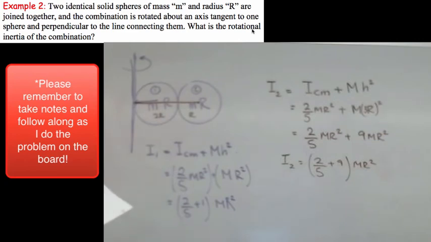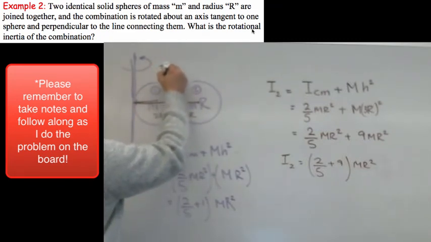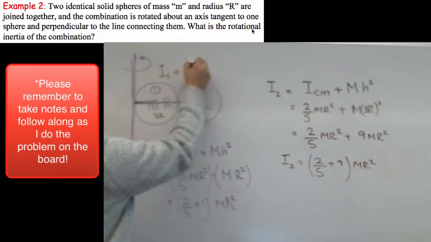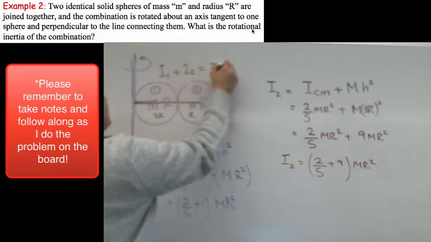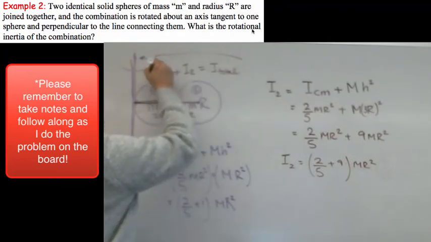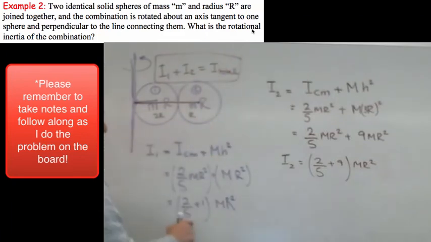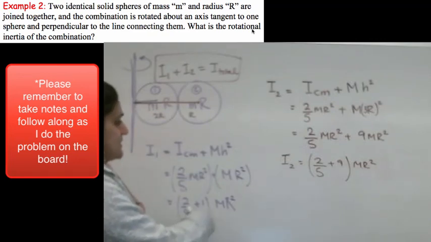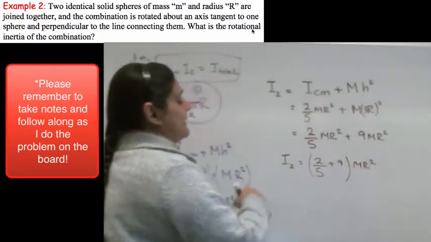So what is going to be the total moment of inertia? The total moment of inertia will be very simple. It will be I1 plus I2. I total. So you can add this number and that number and come up with an answer. And I'll leave that up to you guys. So this would be 7/5 and whatever that one is.